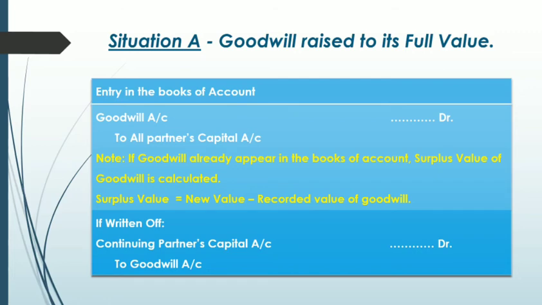Here we have to note that if the goodwill already appears in the books of account, surplus value of goodwill is calculated with the help of this formula, that is new value of goodwill minus recorded value of goodwill. And if we write off the goodwill, then the entry will be continuing partners' capital account debit to goodwill account.